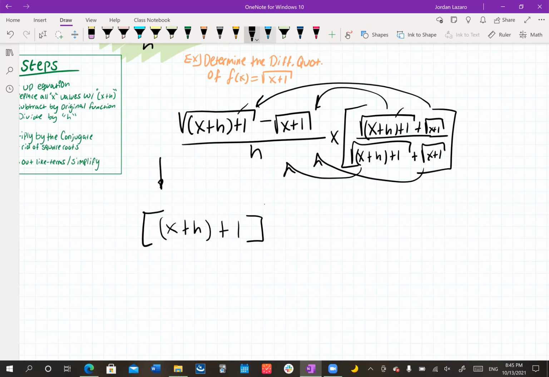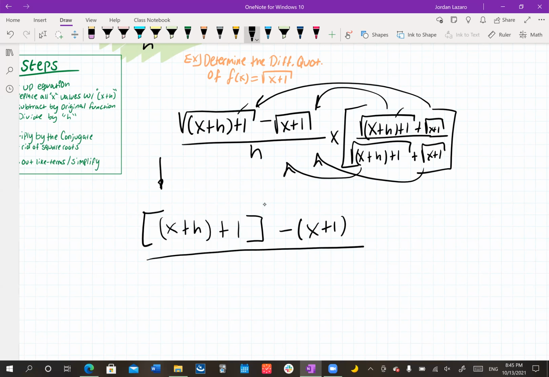So we have this part, right? And we're going to subtract it by the square root of x plus 1 times the square root of x plus 1. Remember, the hood cancels out. And then we're left with just the quantity of x plus 1, right?